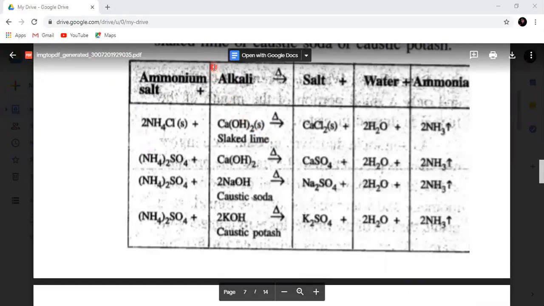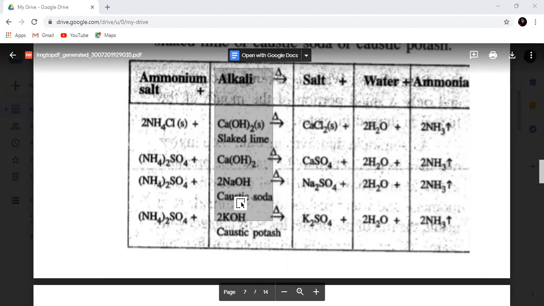Next is the alkali. That alkali plays a very major role. Here one thing is slaked lime. We use slaked lime because it is cheap, easily available and non-deliquescent in nature. Also caustic potash or caustic soda. Caustic soda has the formula NaOH, caustic potash has the formula KOH.